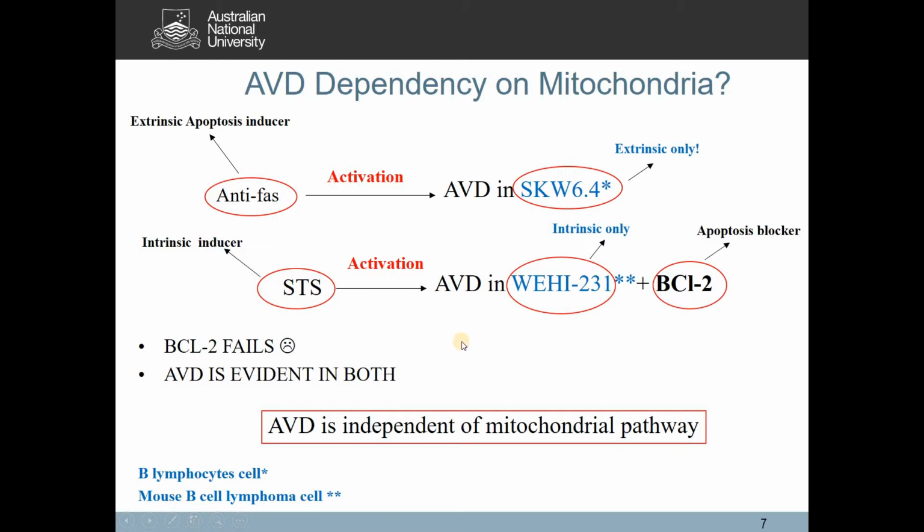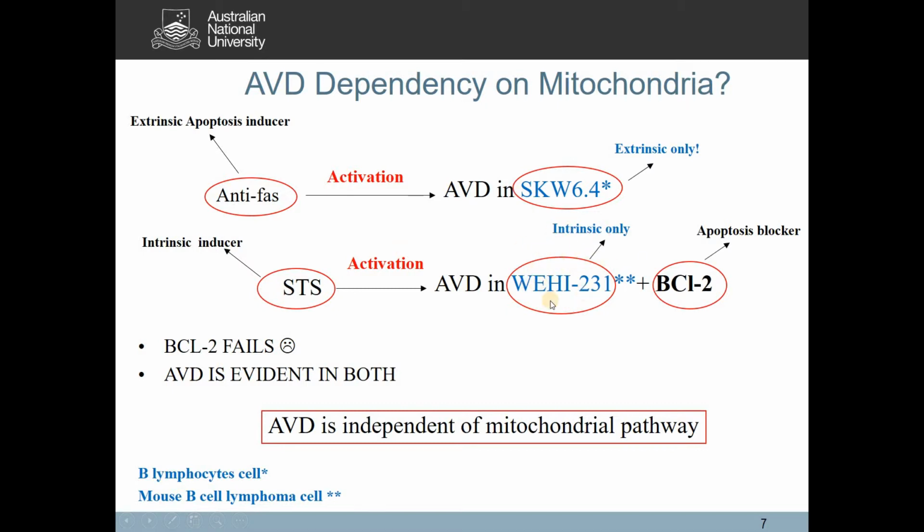So we as scientists have to pick a cell such as WEHI, which is the mouse B lymphoma cell. It would only go through the intrinsic pathway and not the extrinsic pathway. Similar to the SKW6.4, which is the lymphocyte cell, it only goes through the extrinsic and not intrinsic. Okay? So this is for clarification and accuracy of our readings and data.